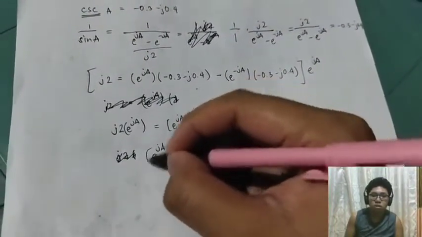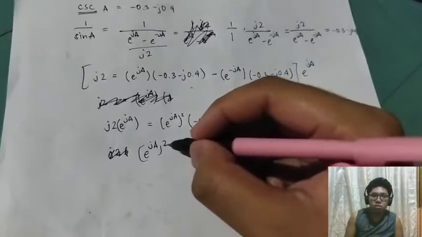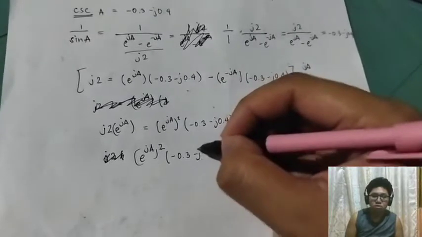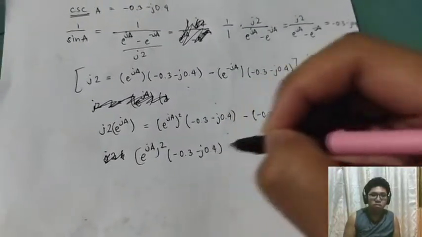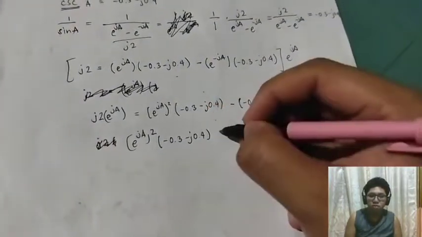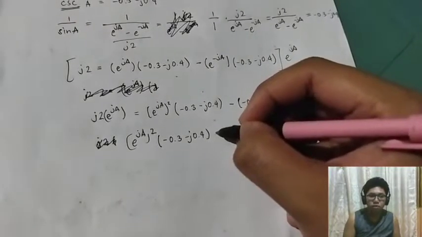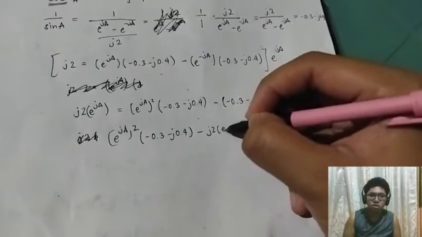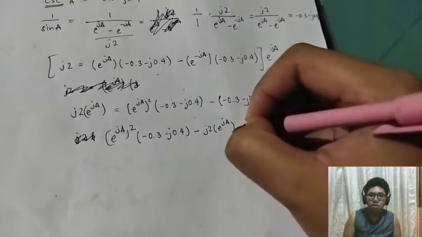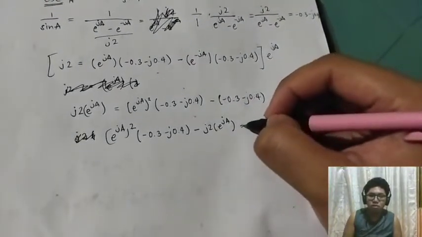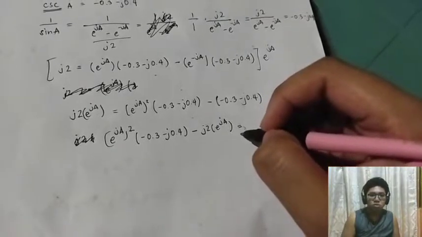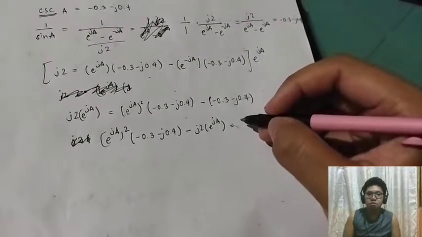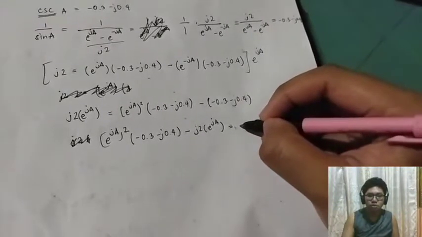And then we will transpose, that is e raised to j squared times negative 0.3 minus j 0.4. Then we have minus j2 times e raised to ja equals to just the negative 0.3 minus j 0.4.